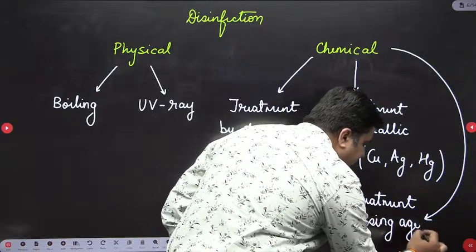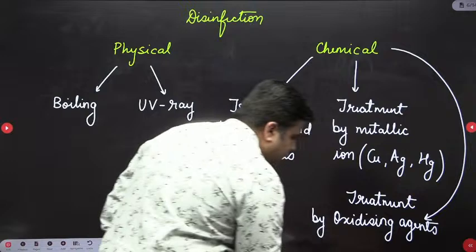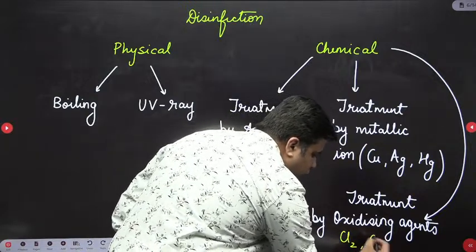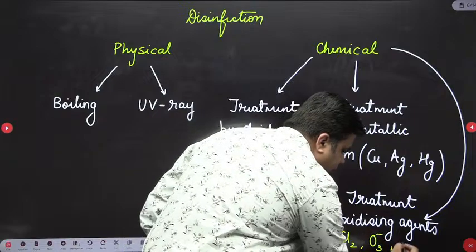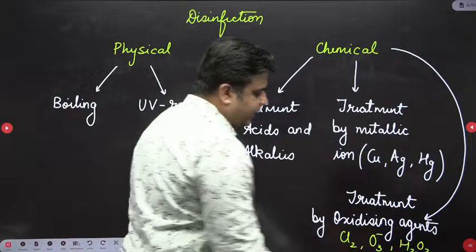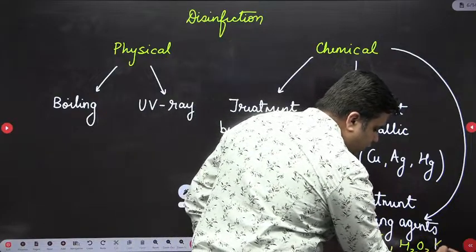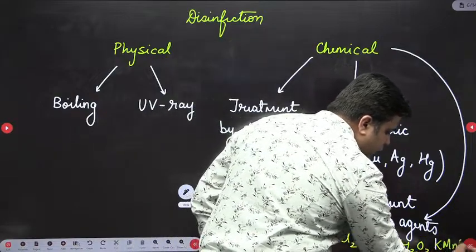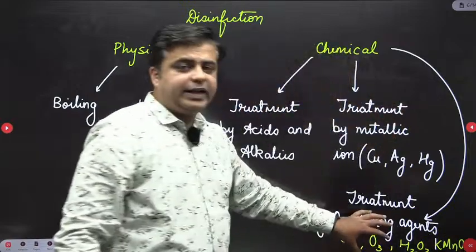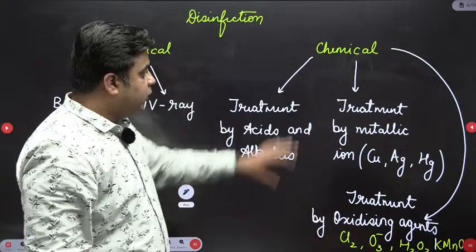These oxidizing agents include chlorine, then you have ozone, then you have peroxide, H2O2, like that. Then you have KMnO4. So this is one of the most efficient ways of treating water for disinfection.